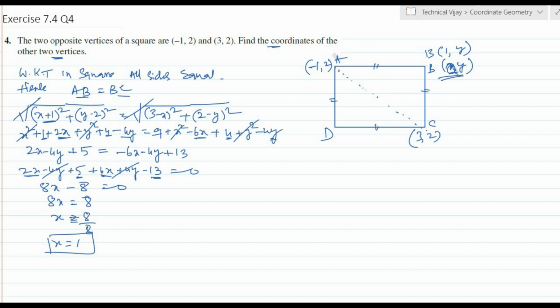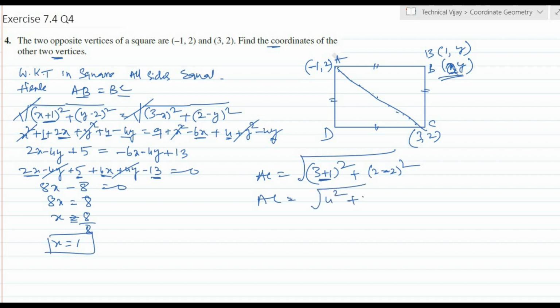Here the diagonal length AC is equal to the square root of (x2 minus x1) square plus (y2 minus y1) square, that is 3 minus of minus 1, which is 3 plus 1, square, plus 2 minus 2, square. So AC is equal to 4 square, that is 16, plus 0, and the square root of 16 means 4. AC is equal to 4 units.